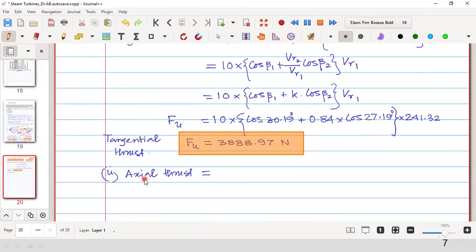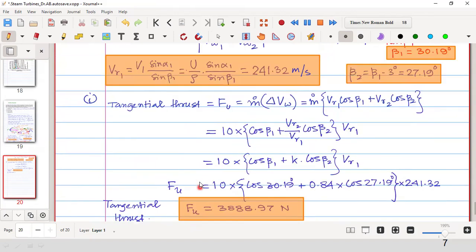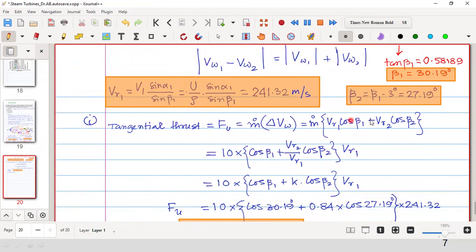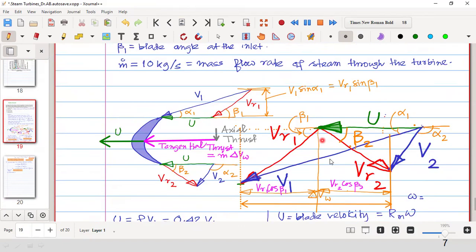So basically, what is that? You see that here, as we have added the cosine components, in case of the axial component, the sine components will be subtracted. You see that what is that? Vr, it will basically be the axial component.